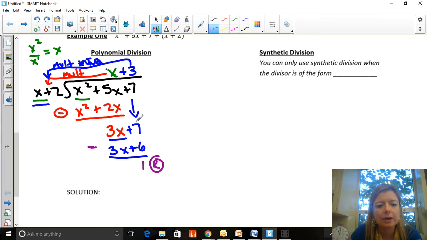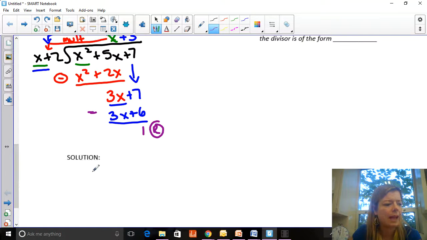Then you bring down the next term. So you have 3x plus 7 now divided by x plus 2. So you just do the first term divided by the first term. 3x divided by x is 3. Then you multiply 3 by x plus 2 and write it down here and subtract. You're left with 1. And because we have no more terms here, that means we're done.